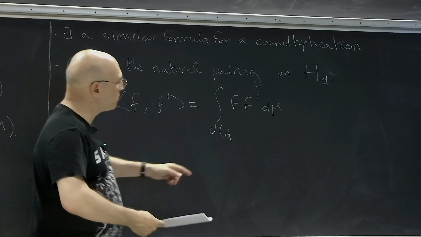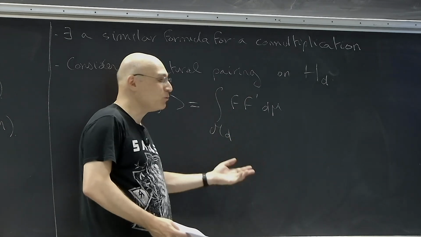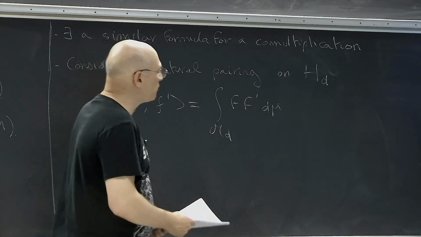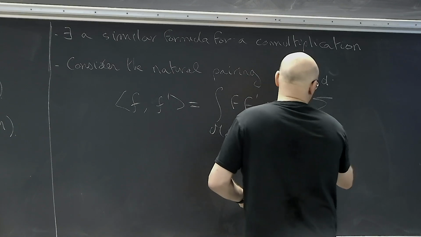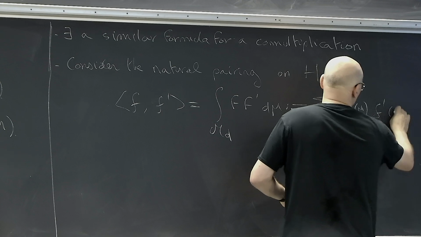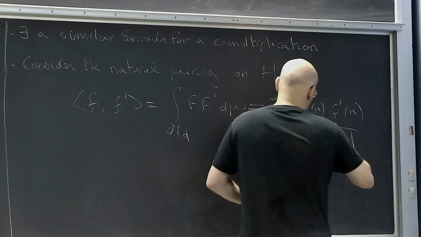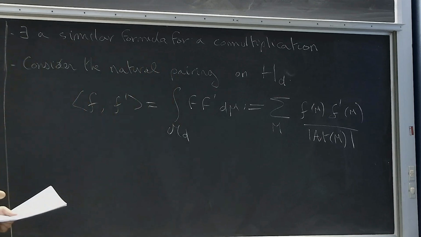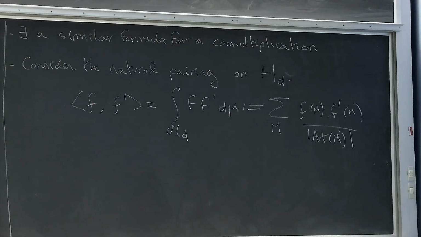So on an orbifold, you always have a measure, which is just the orbifold measure. You weight by 1 over the number of automorphisms, but let's say this is just really defined as the sum over all objects M of F of M times F prime of M divided by the size of the automorphism group of M. We have finitely many objects, so this is a finite sum, no problem.